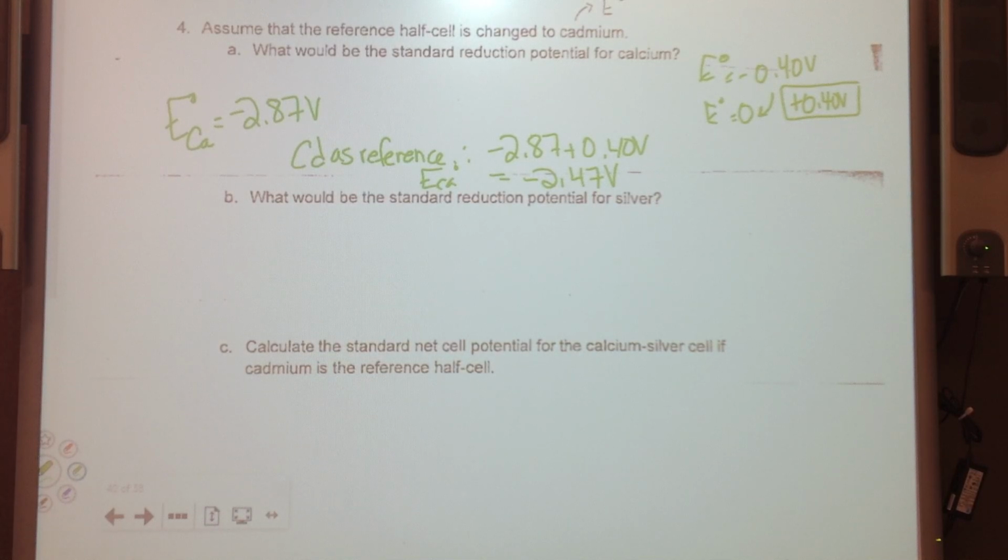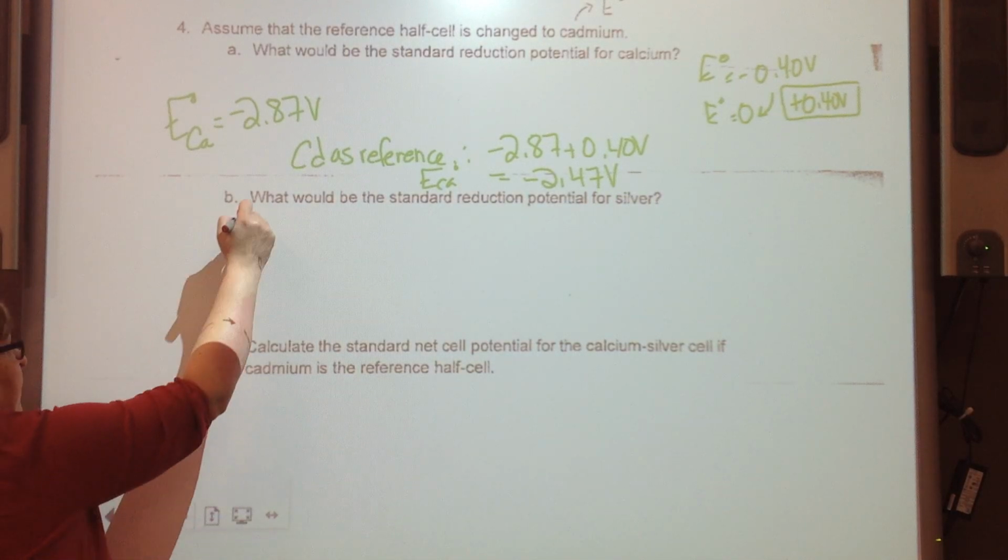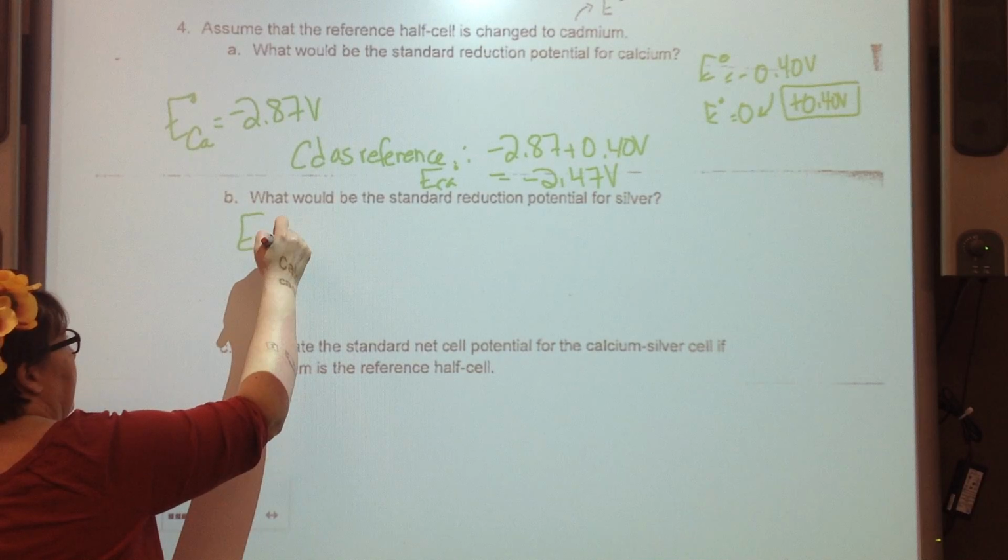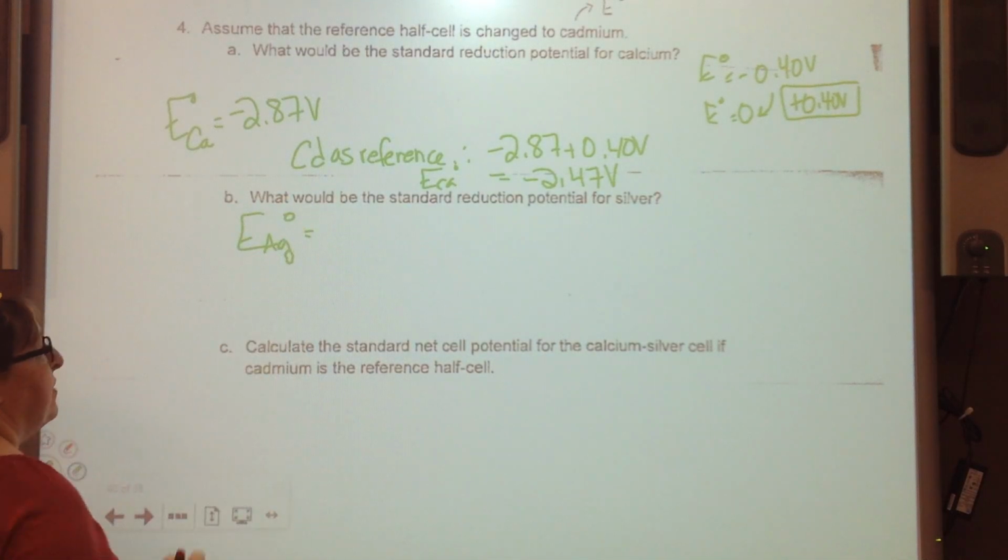Okay? What would be the standard reduction potential for silver? So what is it right now? In relation to hydrogen, it's what? Positive 0.80.